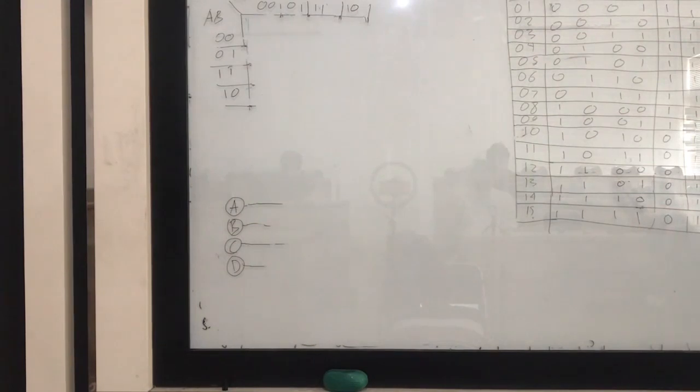Yang ungu AB. D B. C not D. Oh, gitu cara bacanya. A C. Oh, gitu cara bacanya. Merah, biru, merah, hijau, biru. Merah, hijau, biru, ungu, merah, hijau gitu aja.